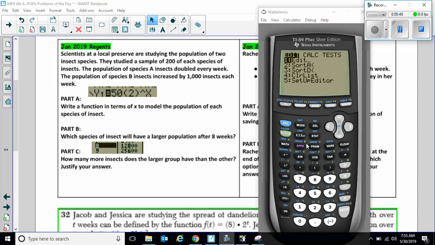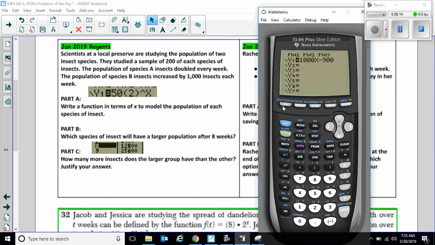We go to edit, then stat calc, and choose the linear equation, and boom, that's what we get. My starting value is negative 900, and my rate of change is 1,000.